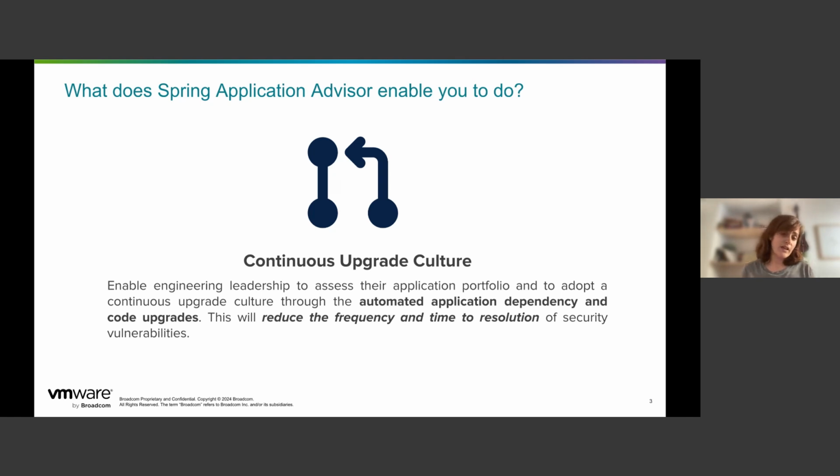Spring Application Advisor is a solution that enables you to implement that culture change by not only upgrading your Spring dependencies, but also addressing any potential breaking change in the APIs. As you can imagine, that is going to impact your DORA metrics as well, right?